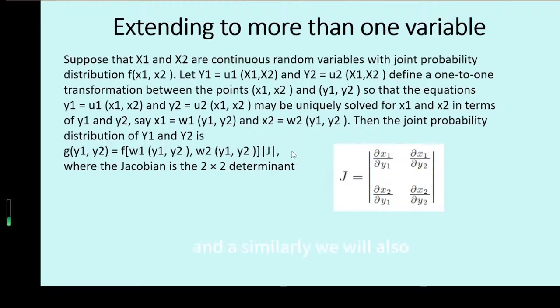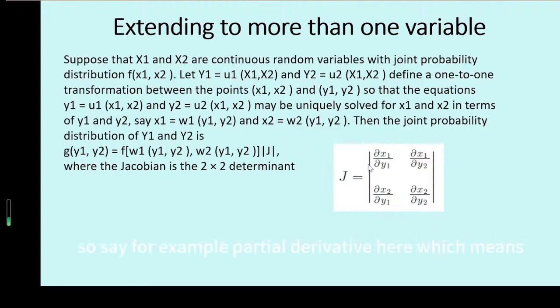And similarly, we also multiply by the absolute value of the Jacobian. Here the Jacobian is a 2 by 2 matrix. It contains the partial derivative of x1 with respect to y1 and of x1 with respect to y2, and similarly for x2 with respect to y1 and y2.